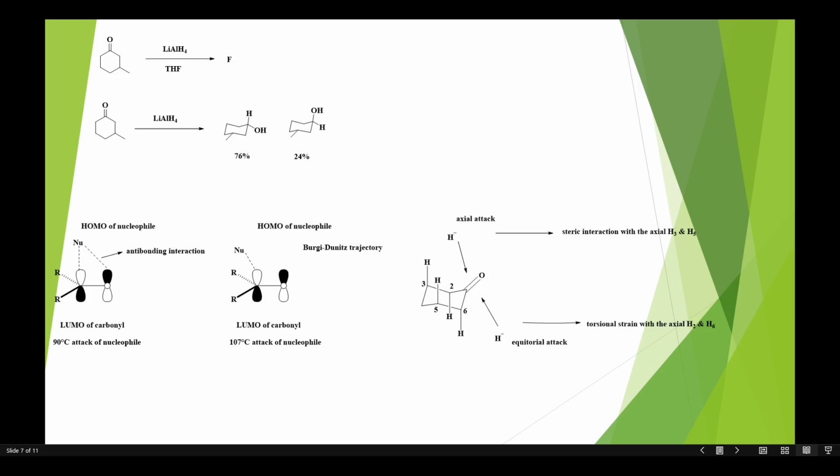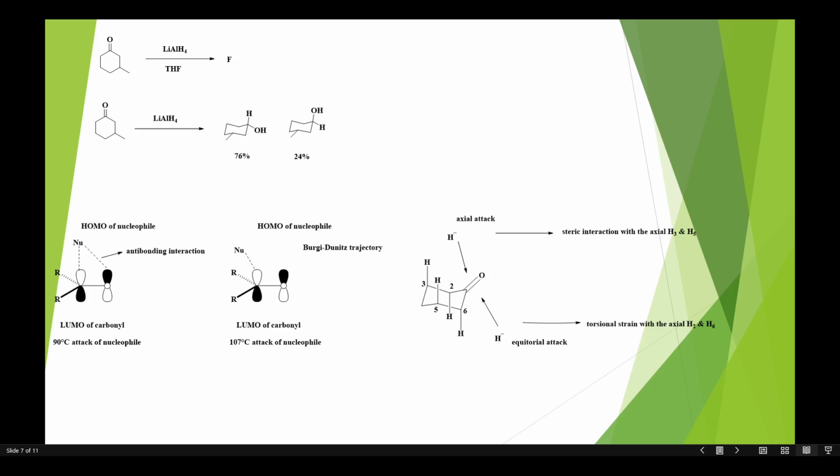So to get one kind of alcohol selectively, we use a much bulkier hydride reagent to get selectively the axial product. Or if you use a very less bulky hydride reagent, you will get selectively the equatorial alcohol as the major product, because it is the thermodynamically stable alcohol.